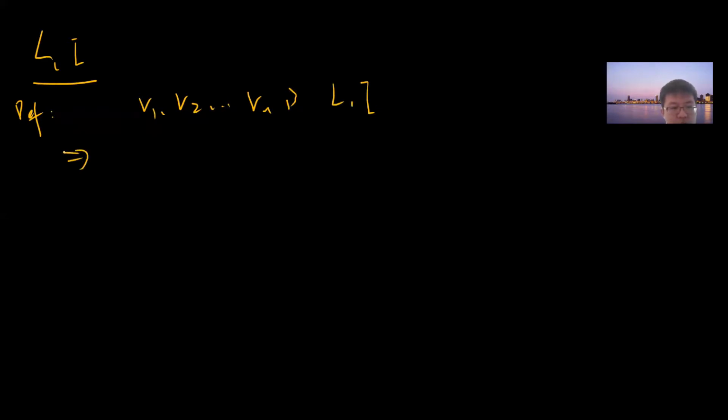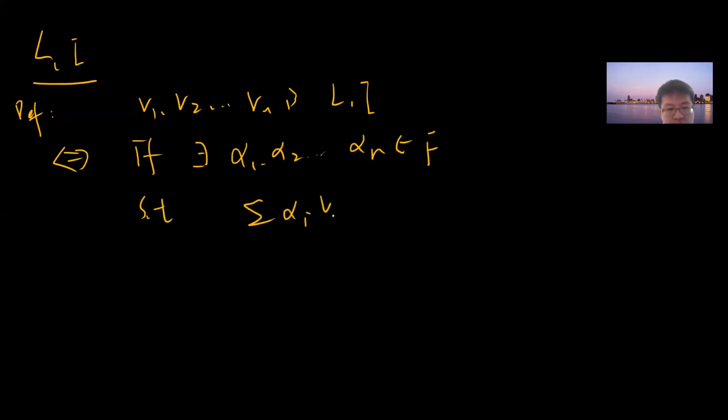Okay, so linear independence. Definition. When people say that V1, V2 up to Vn is linearly independent, it means that if there exist alpha 1, alpha 2, up to alpha n in F such that the sum of alpha i Vi equals 0, then you must have all the alpha i equal to 0.